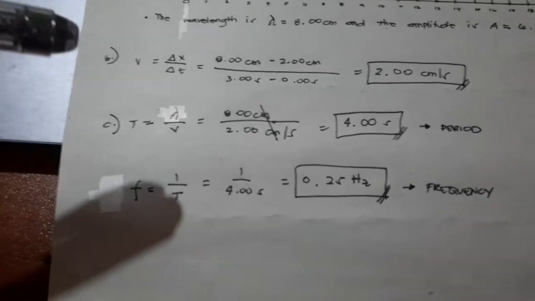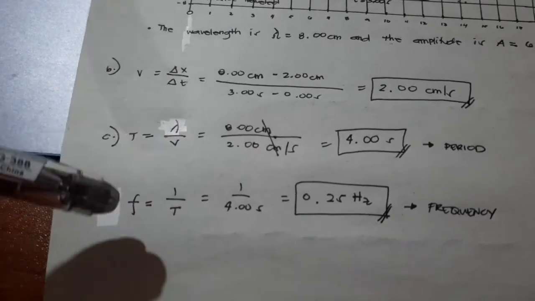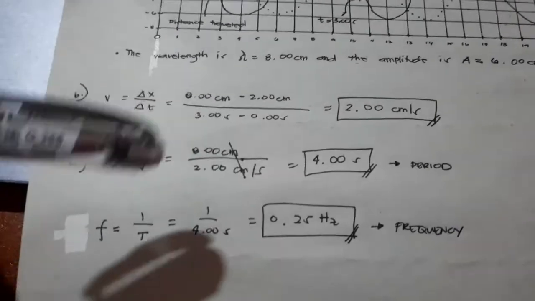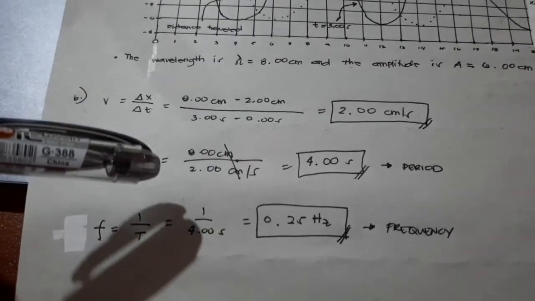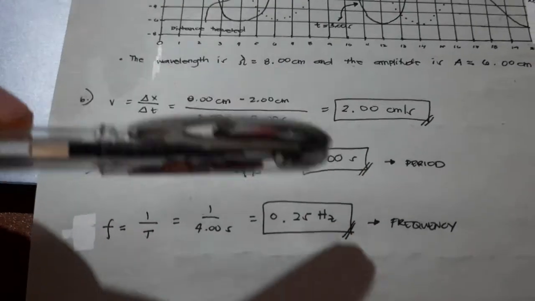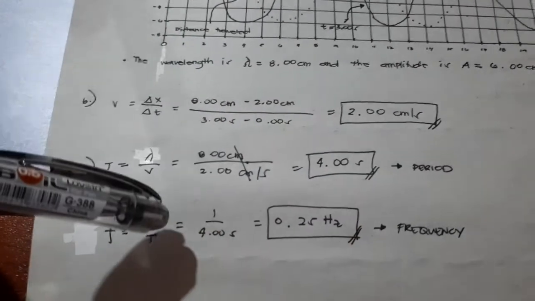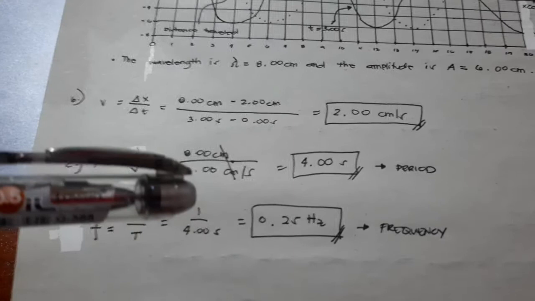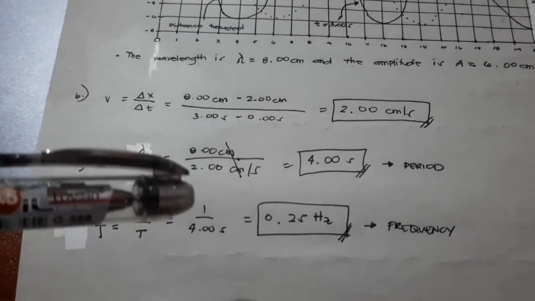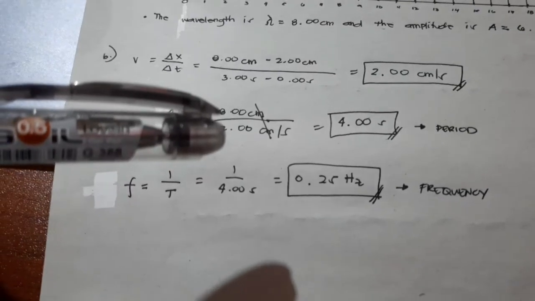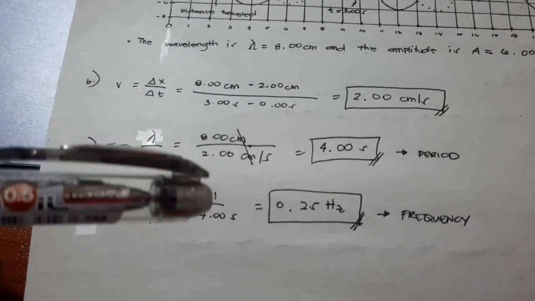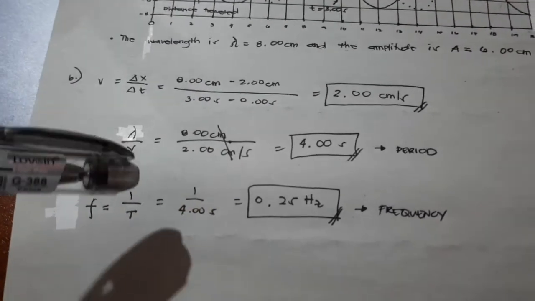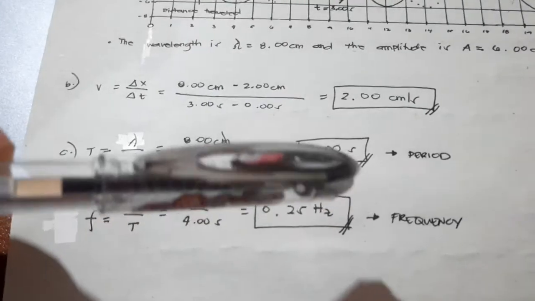The period T is the wavelength over the velocity. Since our wavelength, as I said earlier, is 8 centimeters, and the velocity we obtained earlier is 2 centimeters per second, we cancel the centimeters, so 8 divided by 2 is 4 seconds. That is the period of the wave.